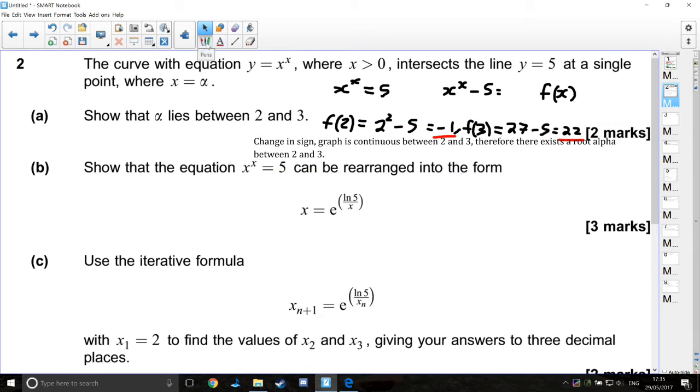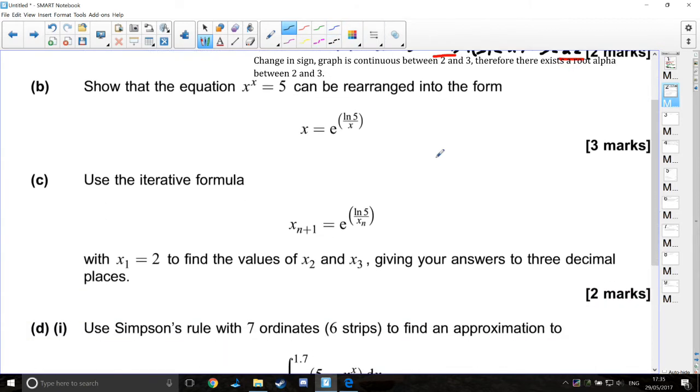Okay, this next one now. Show that the equation x to the power of x equals 5 can be rearranged into the form x equals e to the ln 5 over x. Right, so there's not many clues in this, but we've got a ln and we've got an e.